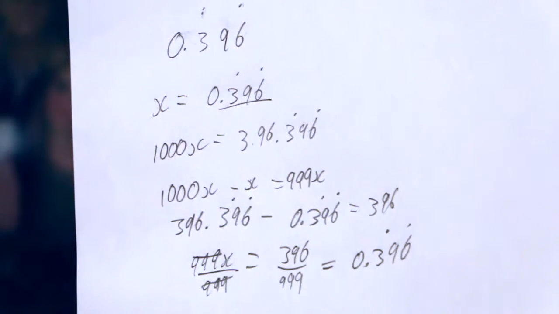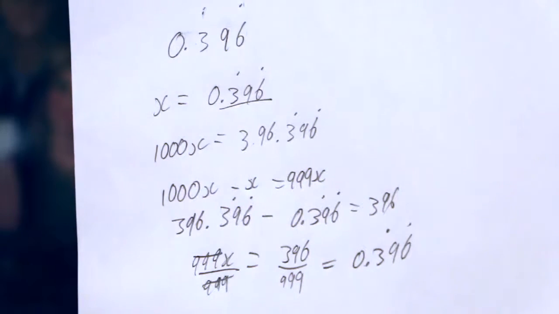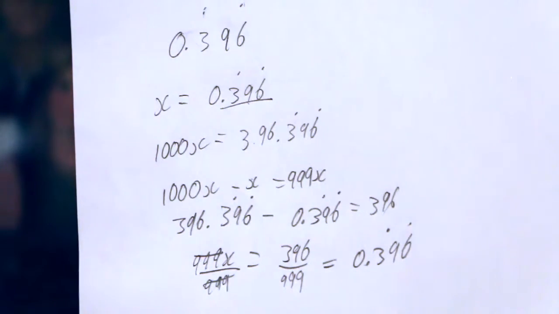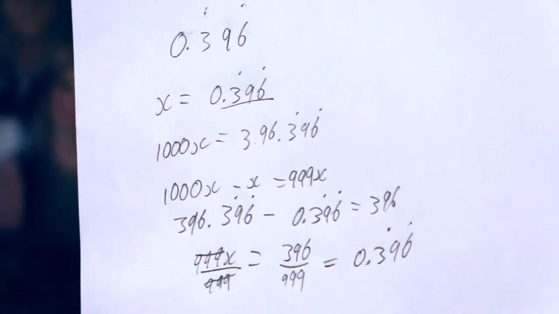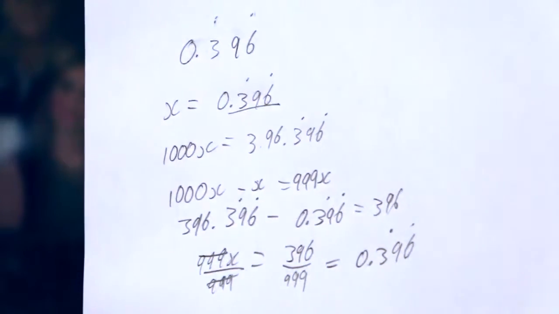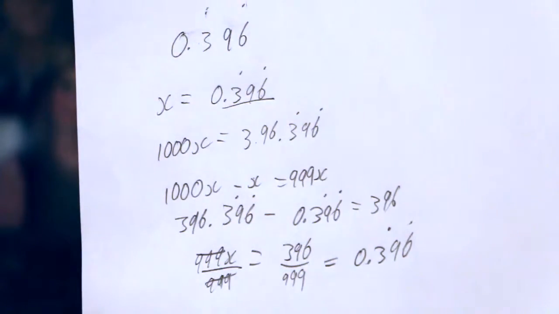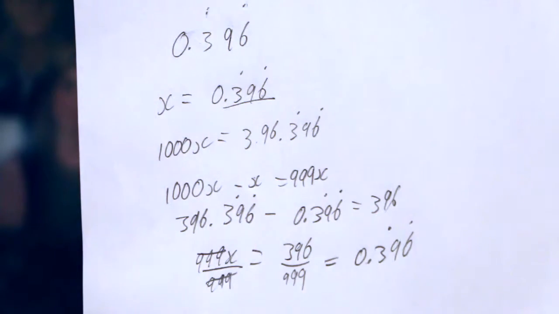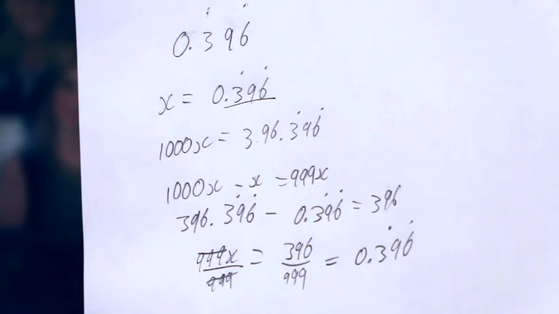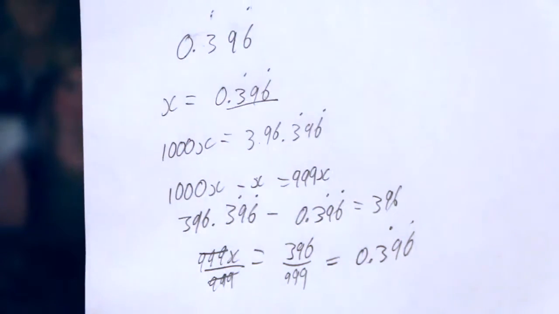Now that we have 396 and 1000x minus x, which is equal to 999x, we can divide. 999x over 999 is equal to x. So we have to divide by 999 on both sides. So 396 divided by 999 is equal to 44 over 111 if you simplify it, which is also equal to 0.396 recurring, because we are dividing both sides by 999.